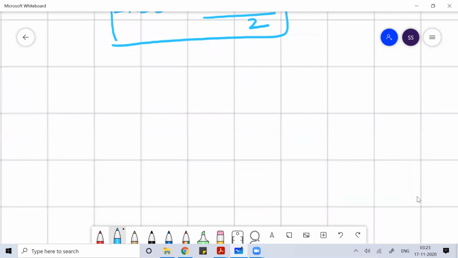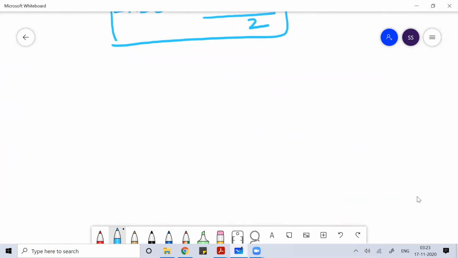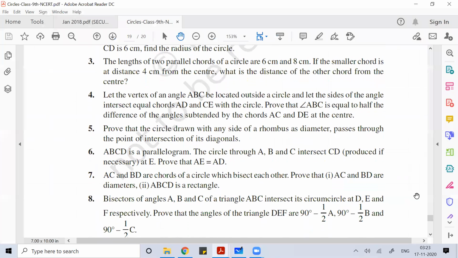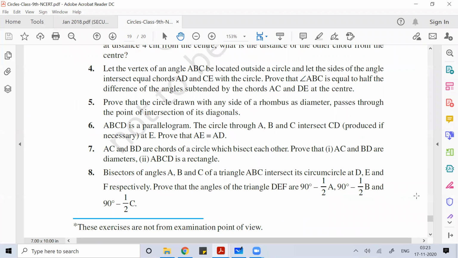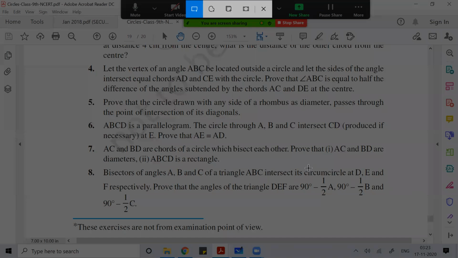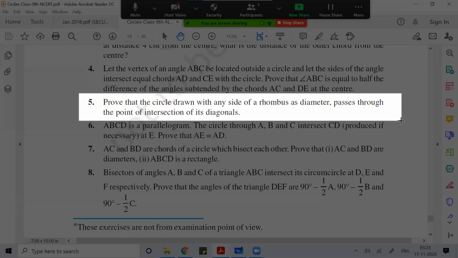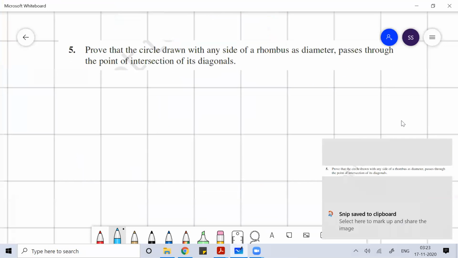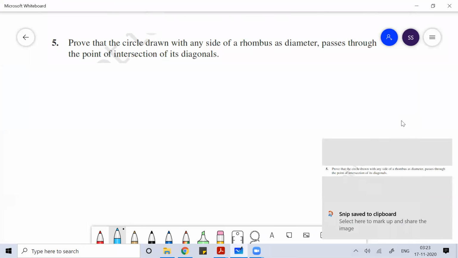Okay, so now going further, if we see question number 5.